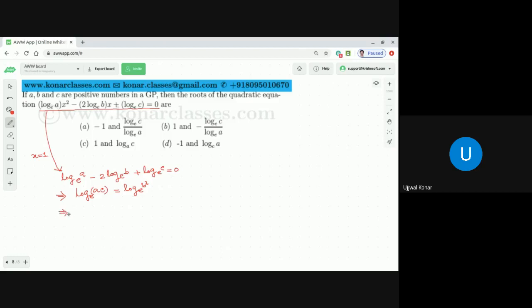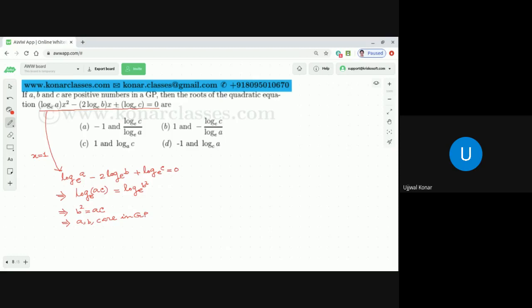So from here we can say, dear students, b square is equal to ac. That implies a, b, c are in GP.